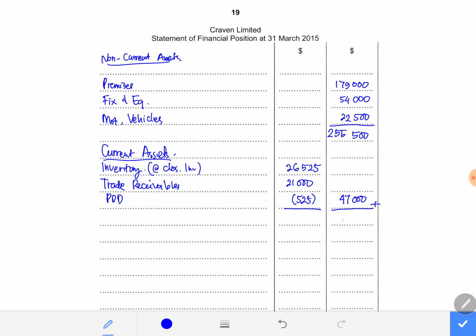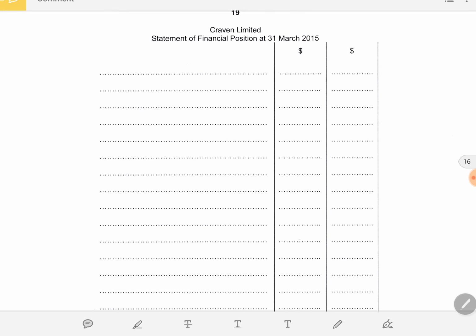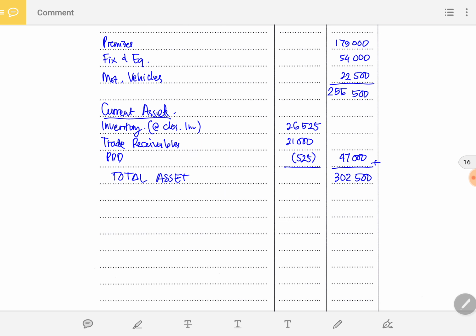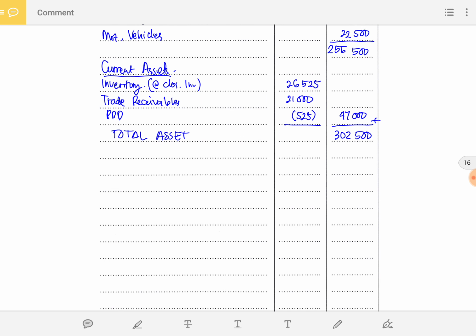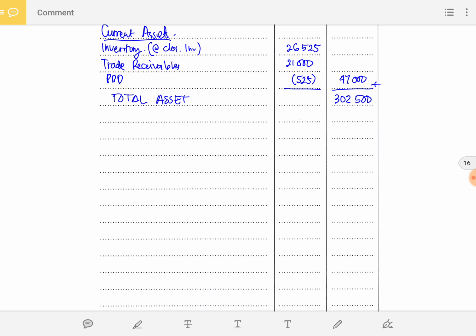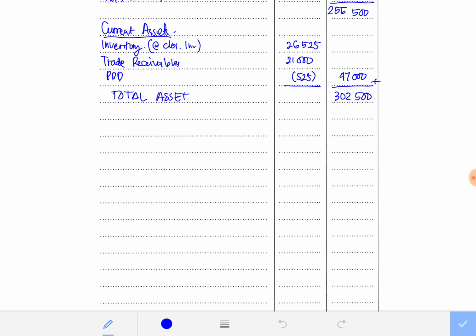Yep. And this is your total assets of 302,500. After total assets, we continue to our liabilities and capital, but we must start from equity first, yeah?